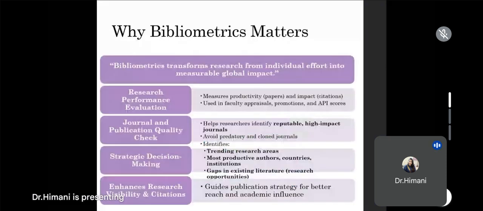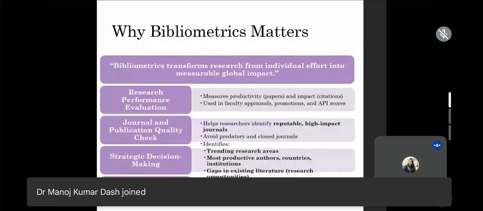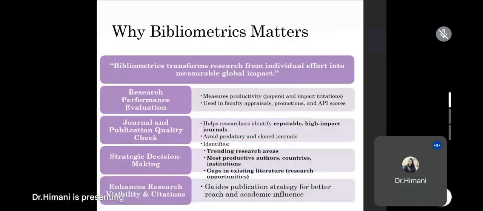Now, what is the need of bibliometric analysis? Basically, the main focus of bibliometrics is to transform research from individual effort to global impact. Bibliometrics covers each research of a particular topic.